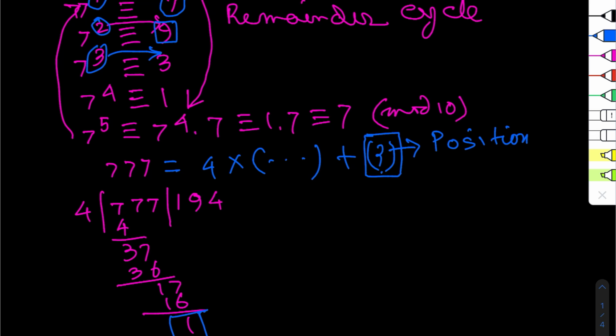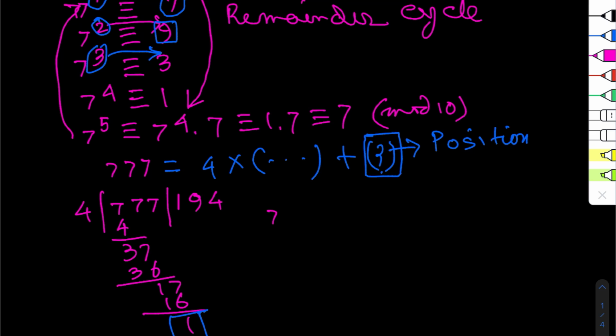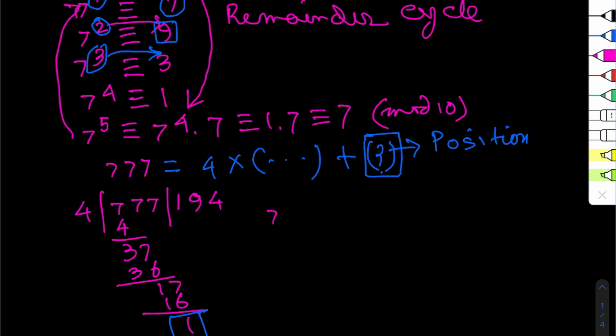So clearly 777 is equal to 4 into 194 plus 1, and this is the position.